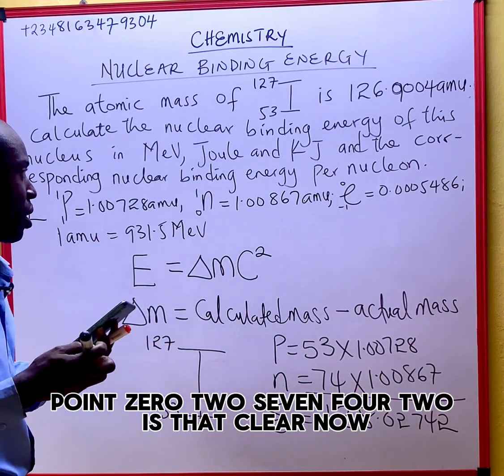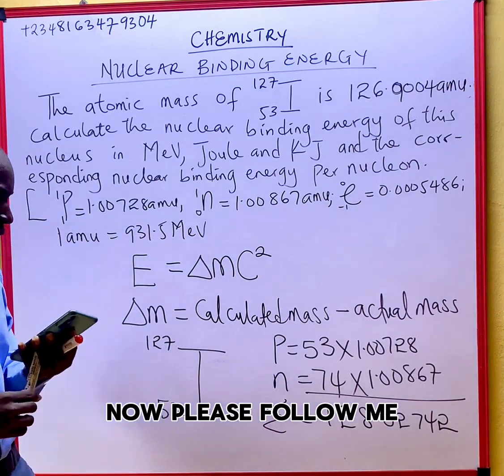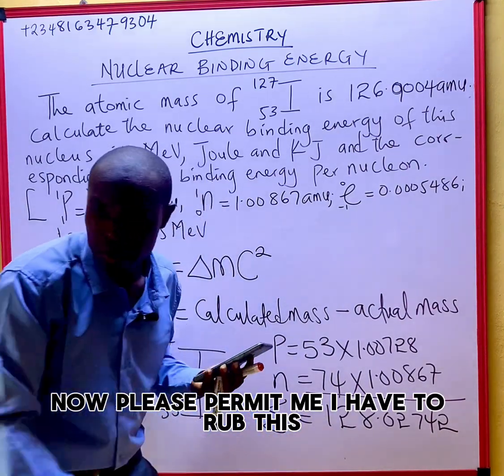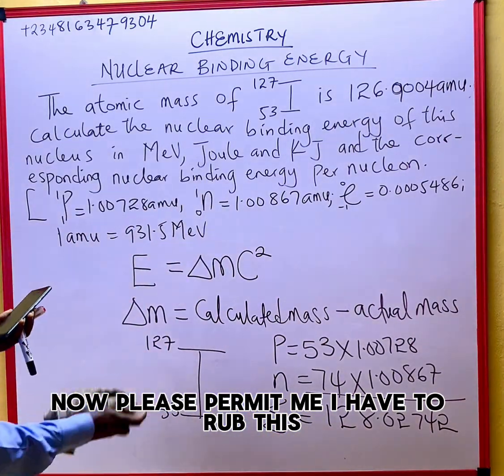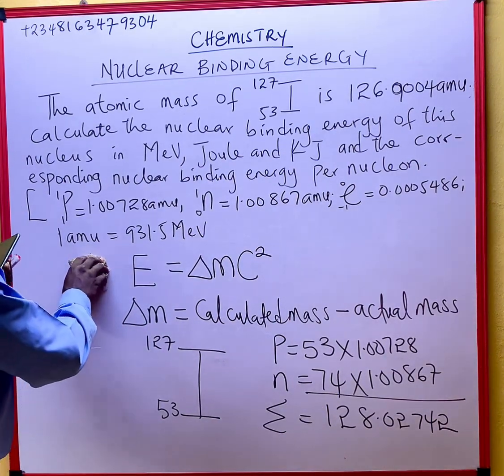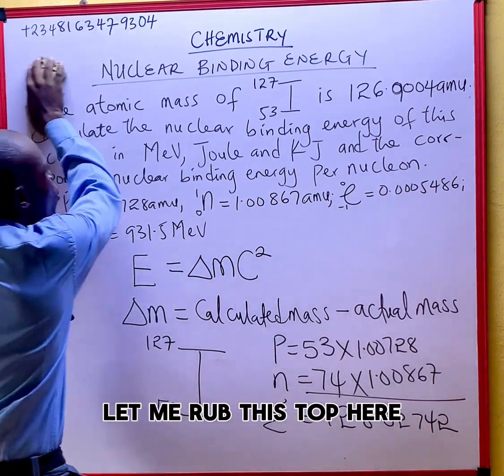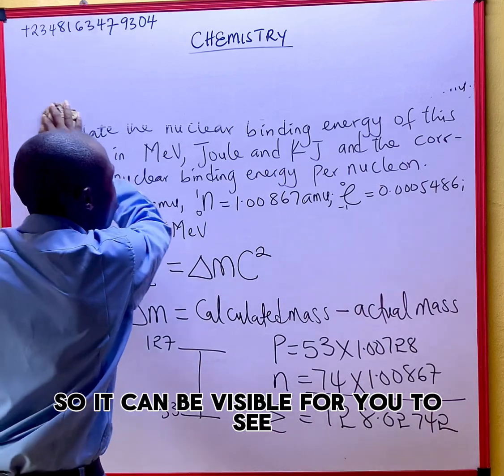Is that clear now? Now, please follow me. Now that I have gotten this value, please permit me, I will have to rub this. Okay, let me rub this top here so it can be visible for you to see.